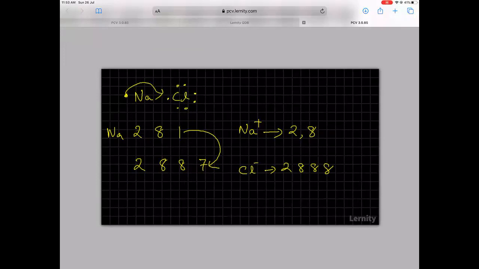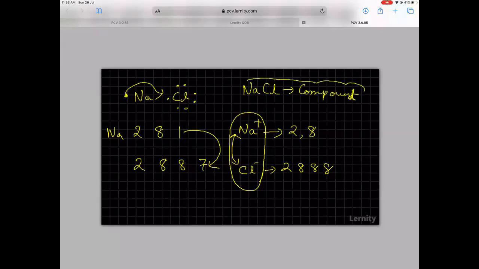Now both of them have stable configuration. This plus and this minus attract, so they form NaCl. Now this is a compound. Every compound is formed either by give and take of electrons or by sharing of electrons. When non-metals react with each other, they share electrons. When a metal and a non-metal react, they do so by giving and taking electrons.